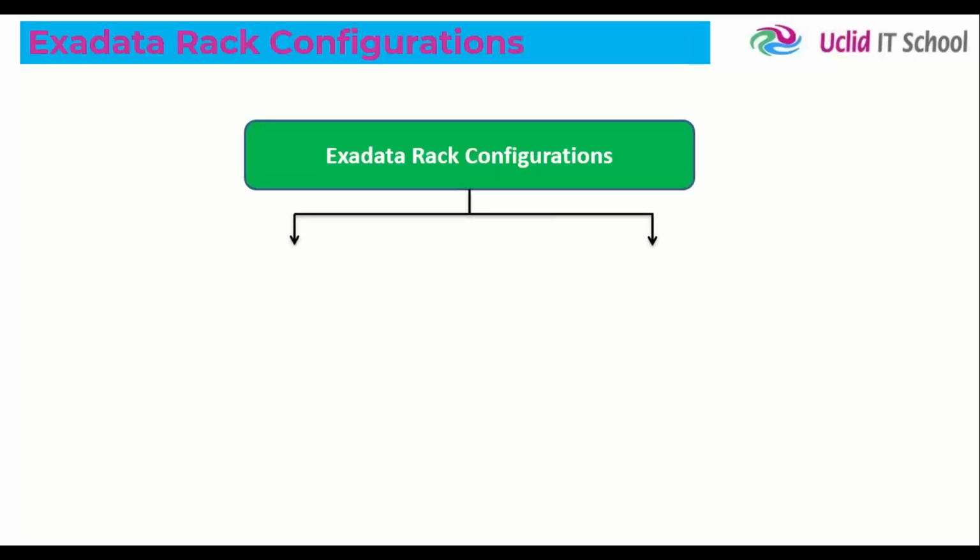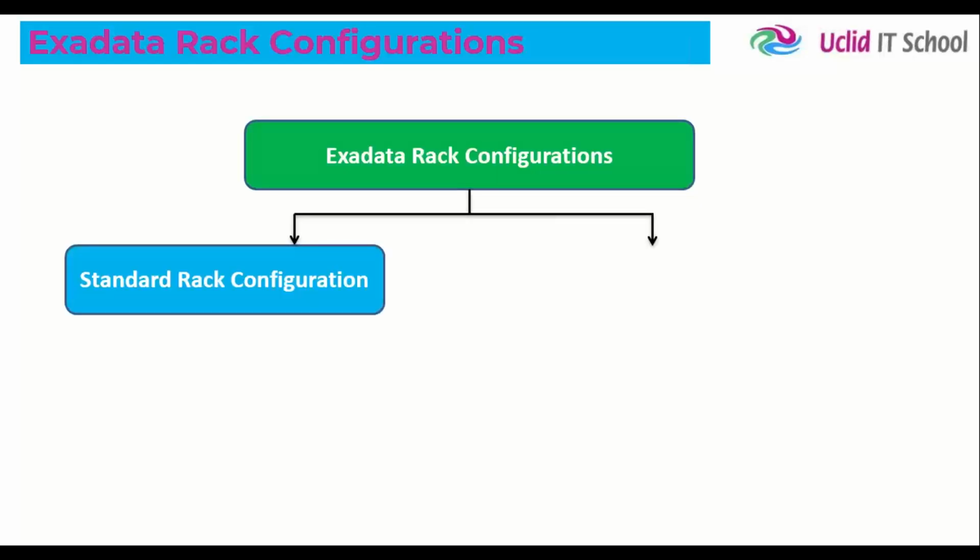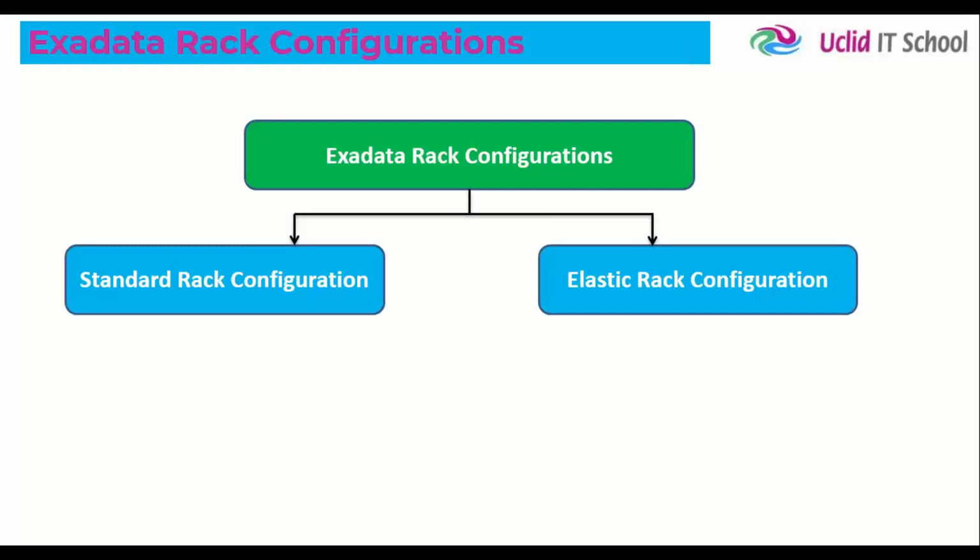Basically, Exadata rack configurations are available in two formats. One is standard rack configuration. Second is elastic rack configuration. Elastic rack was a new configuration introduced in the X5 version. Up to the X4 version, we had only the standard rack configuration.